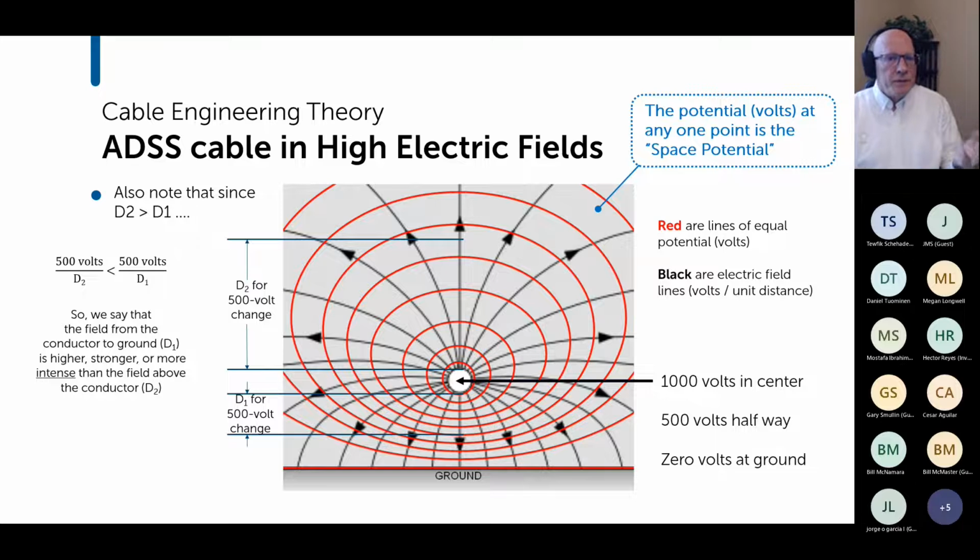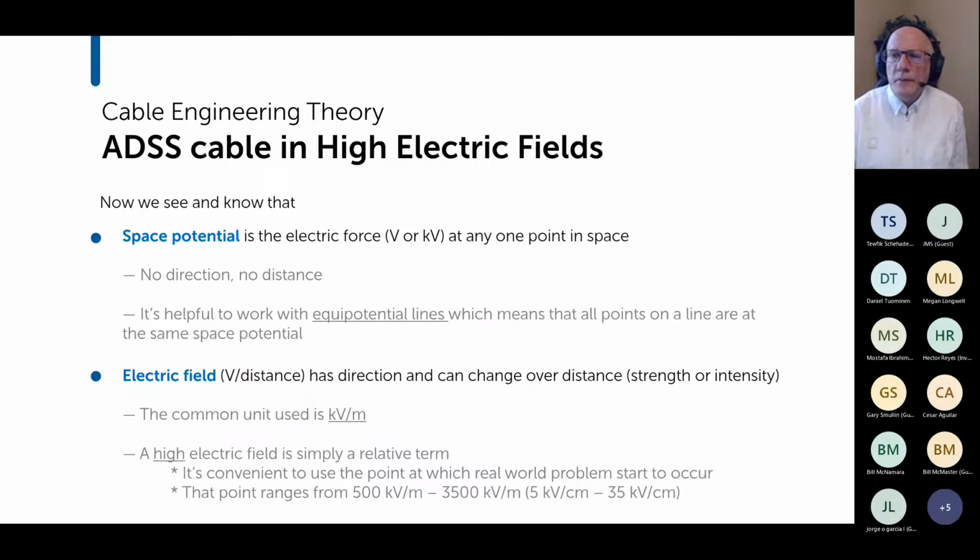Okay, so basic principles. The space potential, as we showed, is that electric force measured in volts or kilovolts at any one point in space. So it doesn't have a direction to it, and it doesn't have a distance. By itself, it's just the potential at one point.